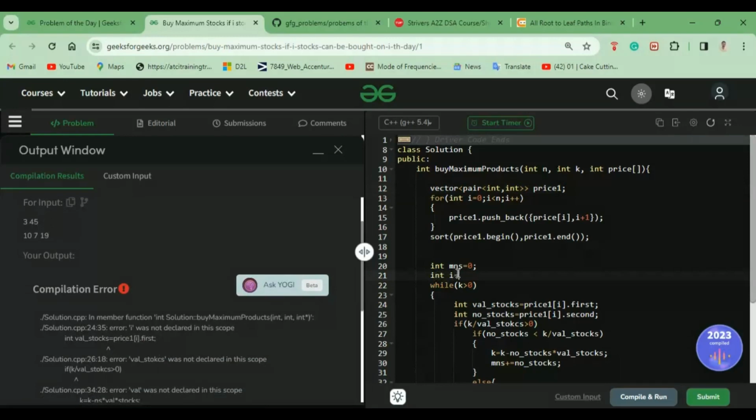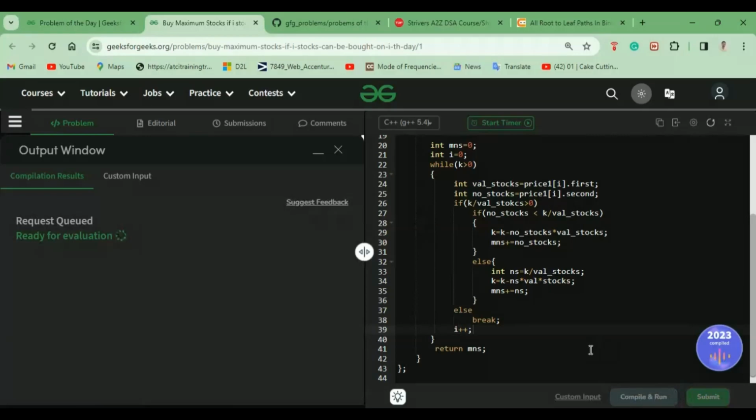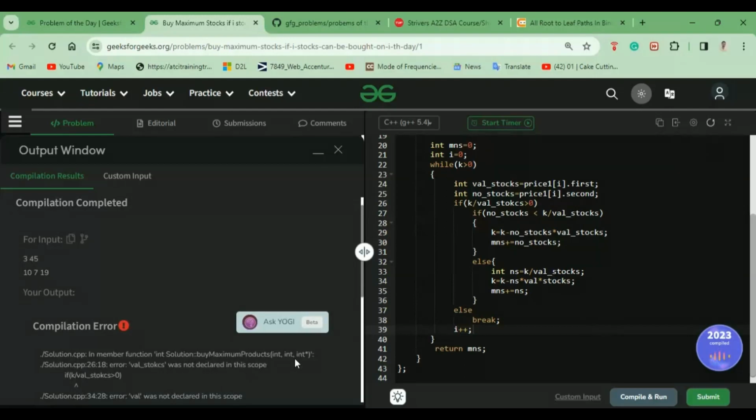So when we iterate through the price vector, we should have an i that keeps incrementing after each iteration. What is the next error? val_stocks was not defined in the scope, on line number 26. Here is a spelling mistake.